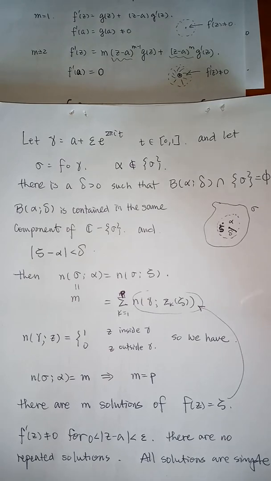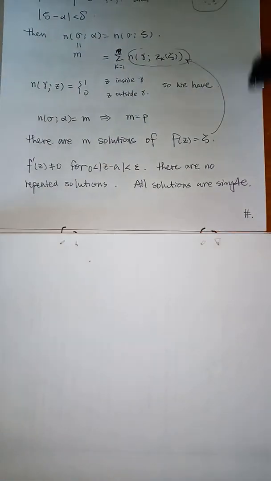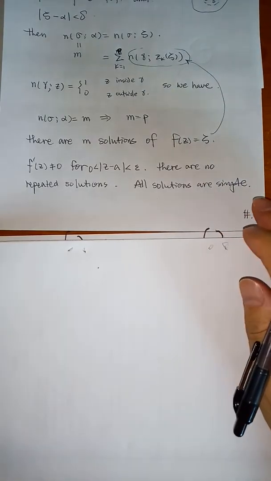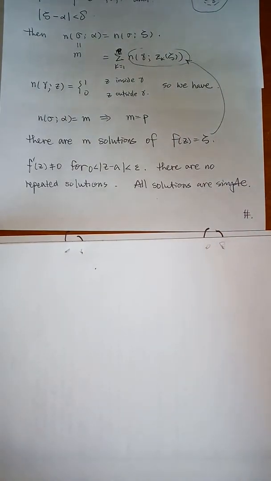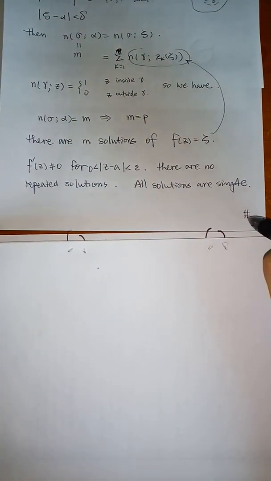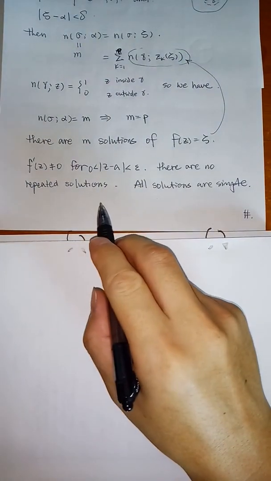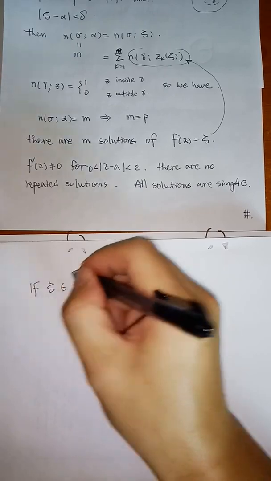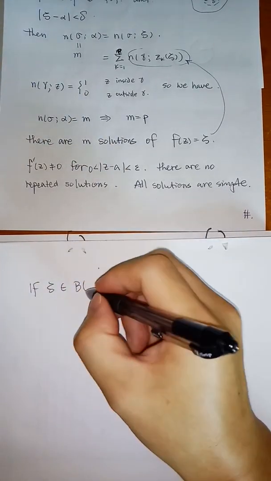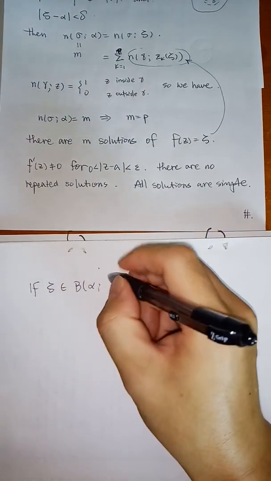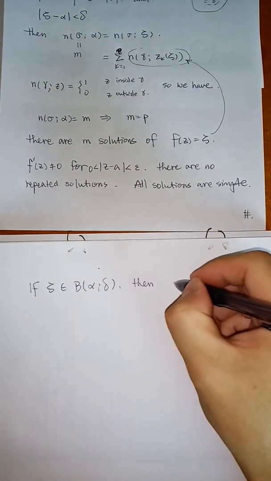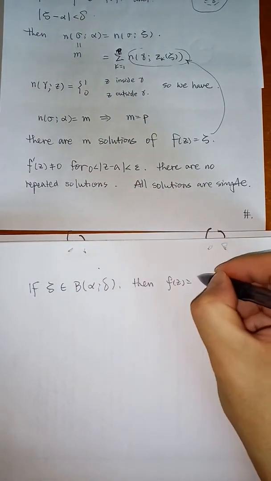Right? Okay, so from this part, let's see one more thing. What we just proved: if eta belongs to the ball centered at alpha with radius delta, then Fz equal to eta has solutions.